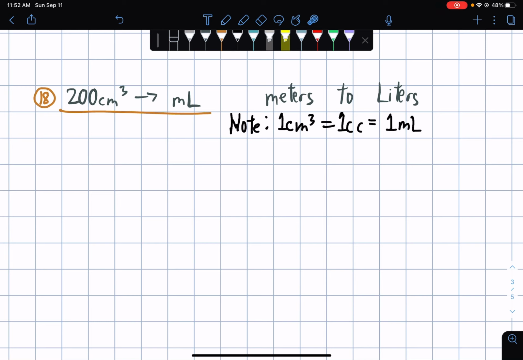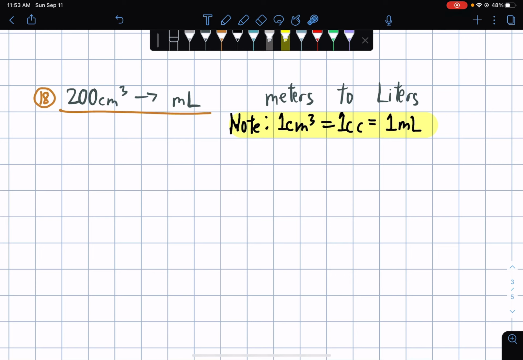So please do take note of this. 1 centimeter cube or cubic centimeter is equal to 1 cc. I'm just not sure what cc meant. I just know the abbreviation, but please feel free to browse what cc means in the context of metric unit conversion. Anyways, 1 cc is equal to 1 ml.